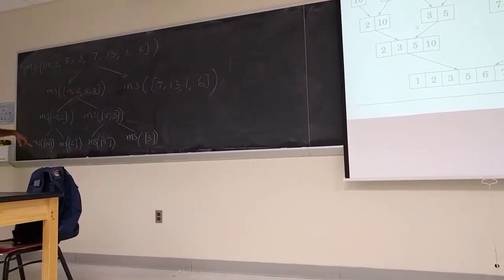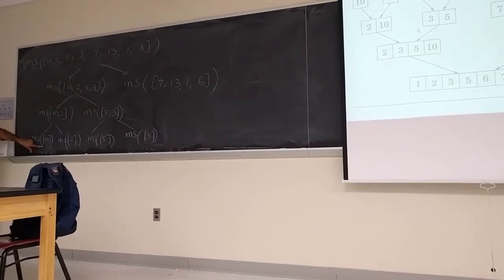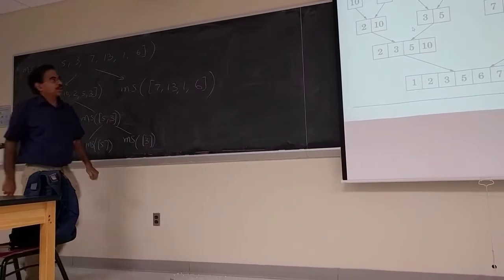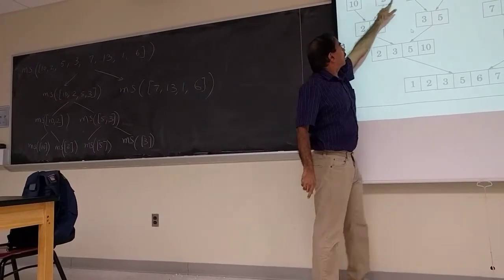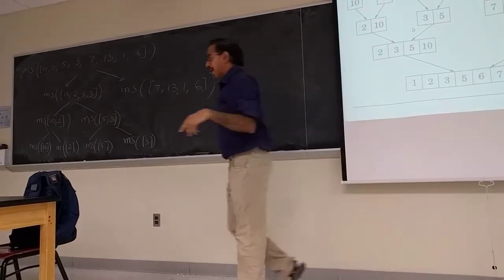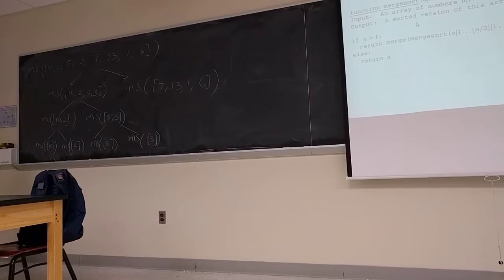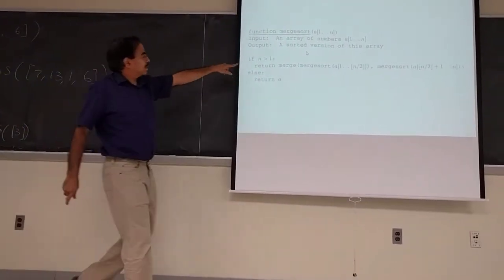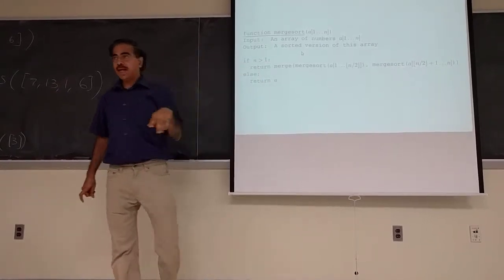Ultimately, you will end up with merge sort on single element arrays. That is what is shown here. So you have gone on to calling merge sort on each of the elements by themselves, and if you look at the base case for merge sort, the else clause here, it simply returns the input array.